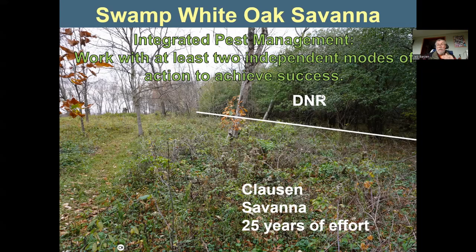You can't go from this kind of density of buckthorn to this with fire alone. And you can't go from this kind of density of buckthorn, which has almost nothing growing in the understory, to this without fire. So you need both the fire and the mechanical removal as you're dealing with these restoration efforts. But importantly, it takes a lot of effort and time.